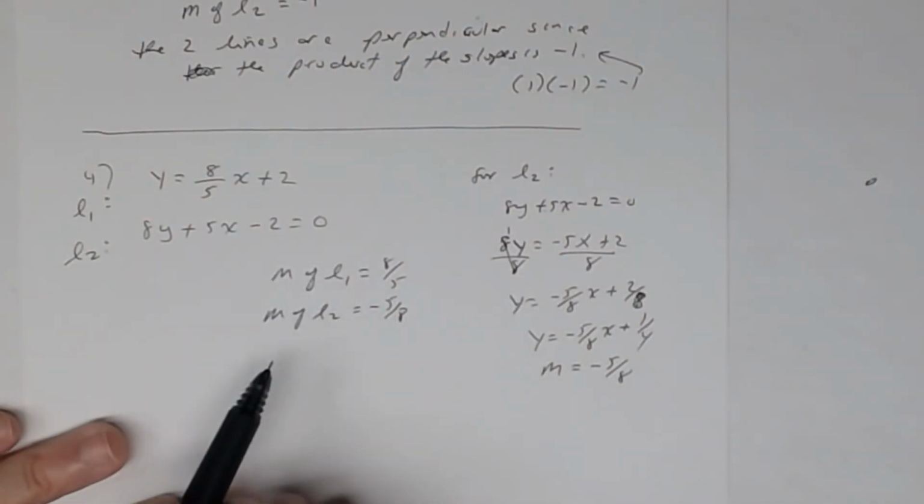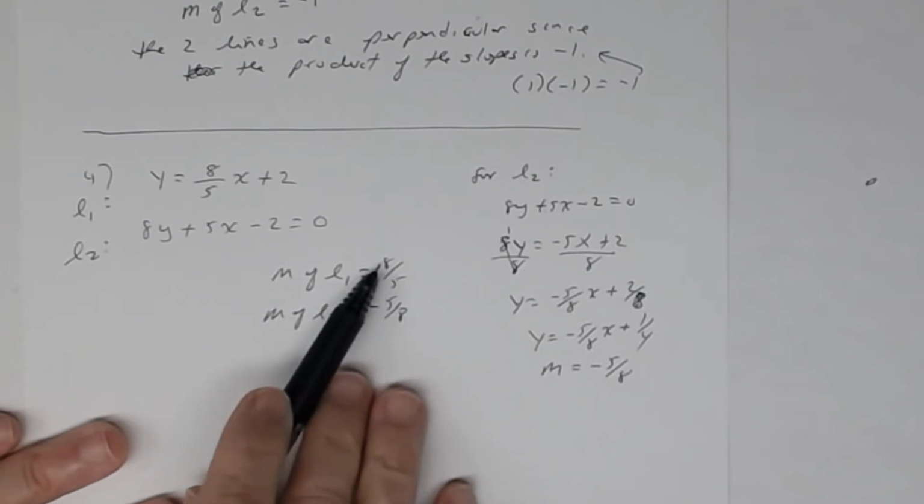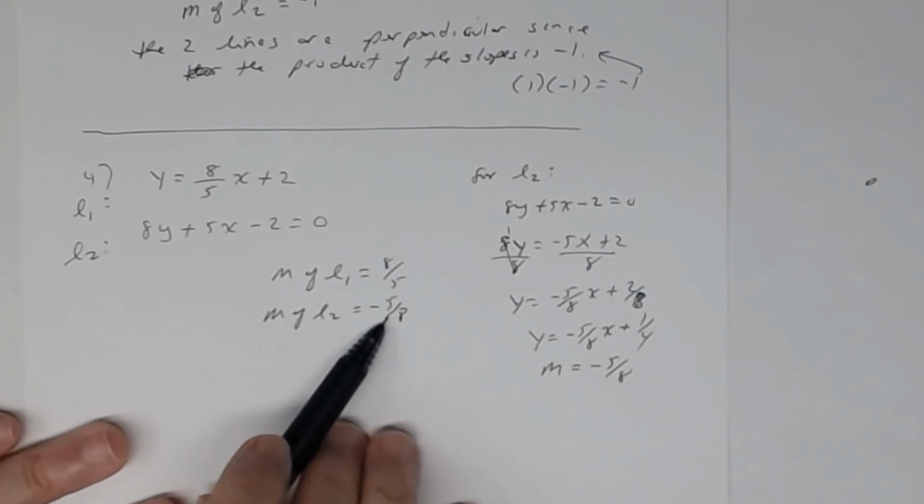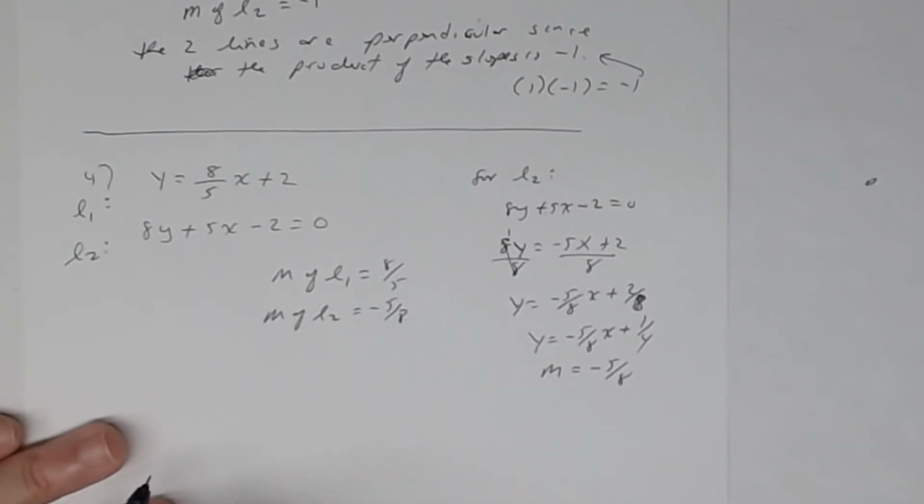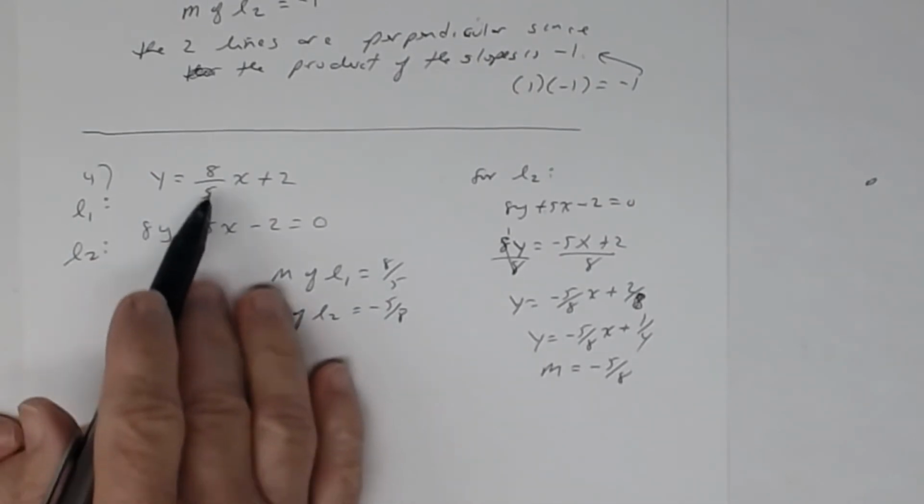All right, so are those lines parallel? No, they're not parallel because their slopes are not the same. But what do you notice about their slopes? Their slopes are negative reciprocals of each other, or opposite reciprocals of each other. So what can you tell me about those two lines?